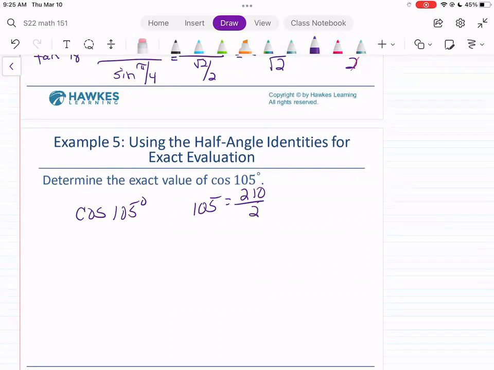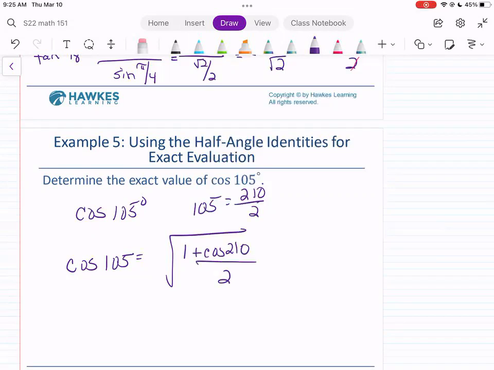From our unit circle, we can find that the cosine of 105 is equal to the square root of 1 plus the cosine of 210, over 2, which equals the square root of 1 minus the square root of 3 over 2, over 2, or 1/2 times the square root of 2 minus the square root of 3. But notice it lies in the second quadrant, and so that's going to give us a negative out front of all of these.